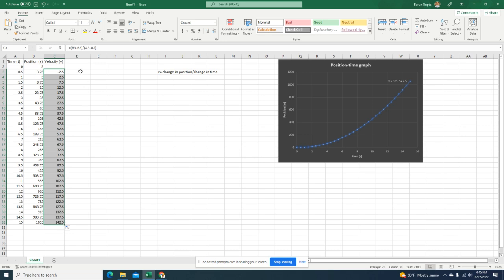Once I have this formula, I can simply drag it, and that gives me the velocity column. If you want, I can put the 0 here too, and now I'm going to plot the velocity time graph, or you can simply leave it as it is.